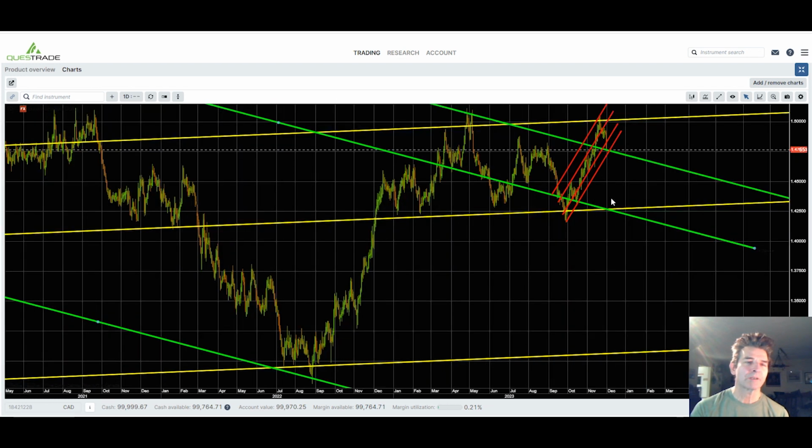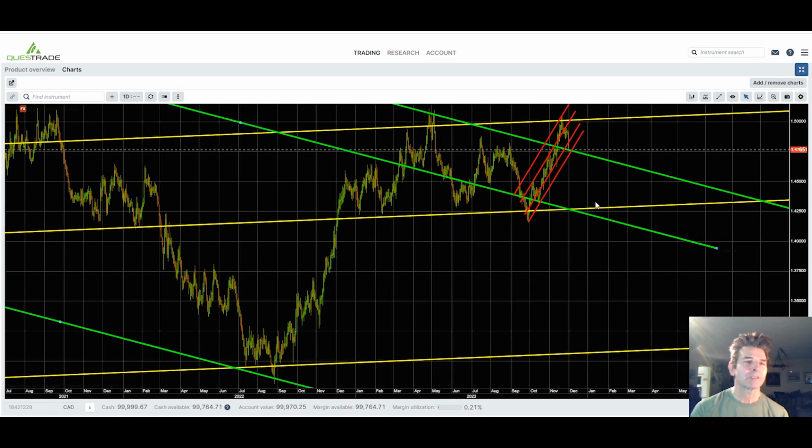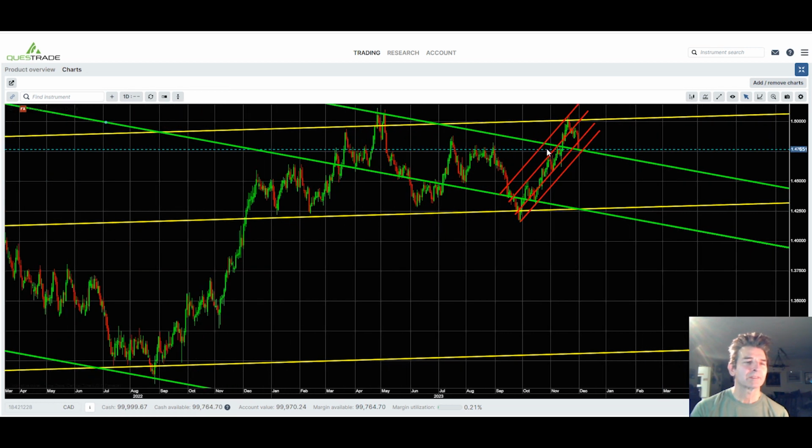Based on all of this, I would say most likely we're traveling between here. I would put this as a sell in quantum wave analysis. We want to sell down to somewhere about here.